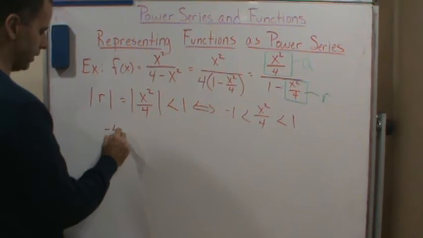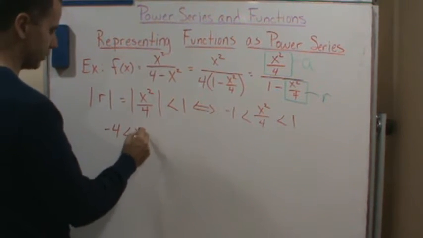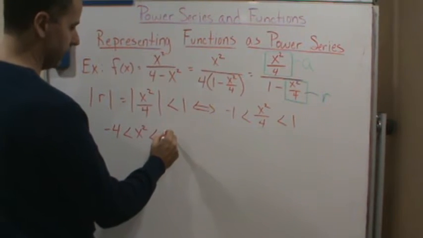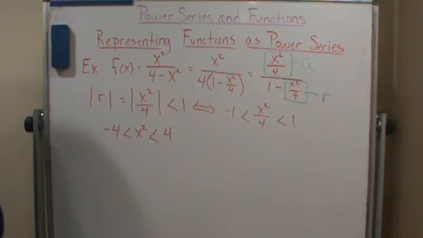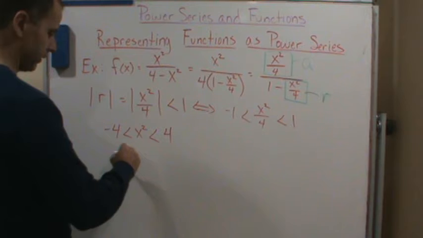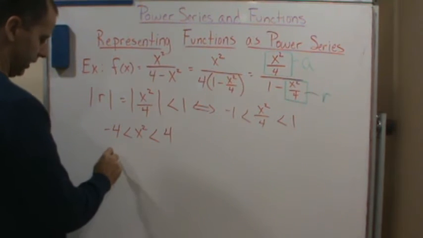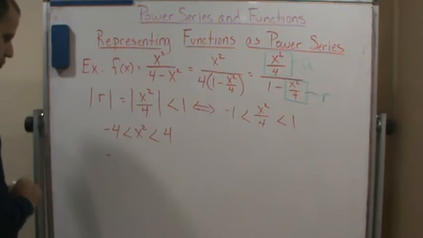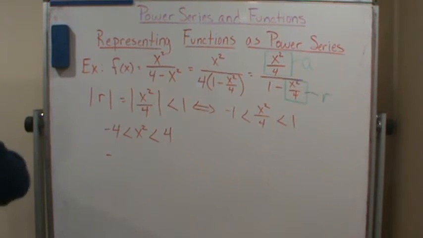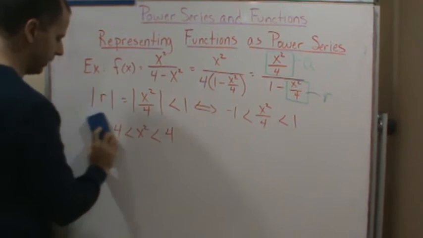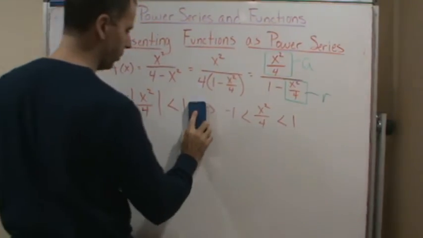So this means negative 4 is less than x squared, which is less than positive 4. Now, if I take the square root of all three sides, I'm going to get what? Oh, you know what? I guess I should have done that differently. I was thinking right, but I didn't.